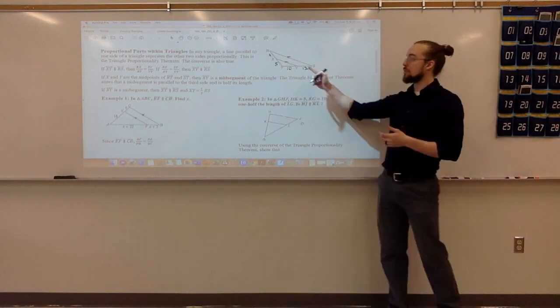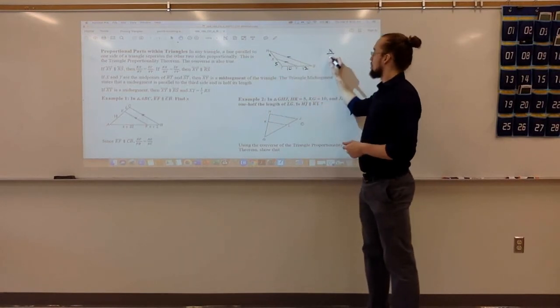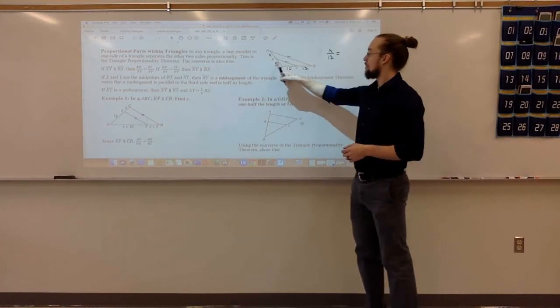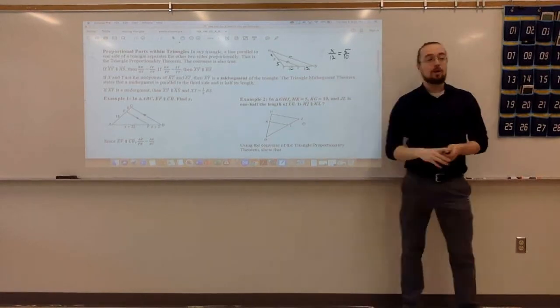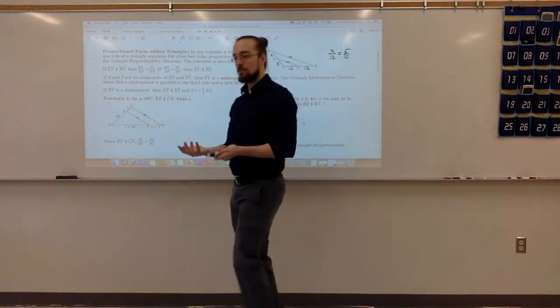So for something like this, we could just say x over that corresponding piece of 12 is equal to 5 over 10. Okay, so we're still matching up corresponding pieces on the other side.